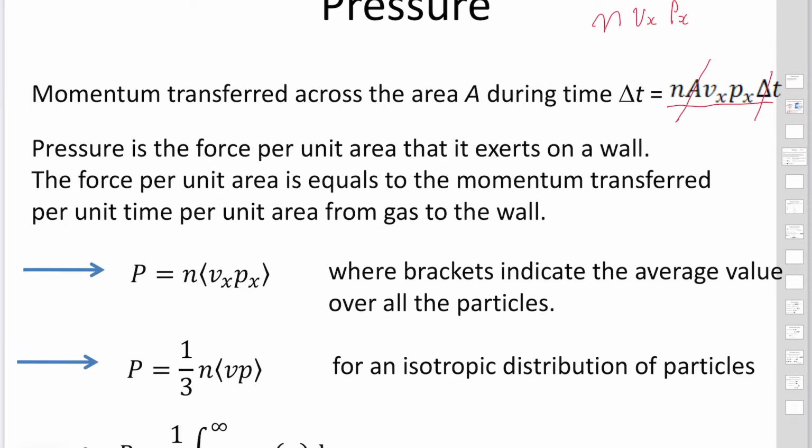So the pressure we expect can be calculated as n v sub x p sub x if all the particles have the same velocity, but we have to take into account the distribution of velocities. So it is expressed with angle brackets, and the brackets indicate the average value over all the particles.